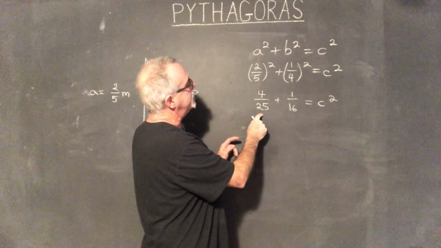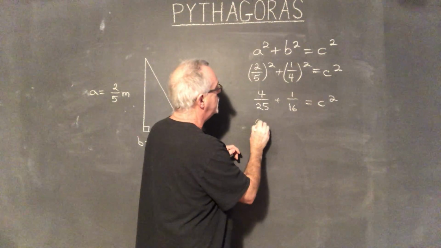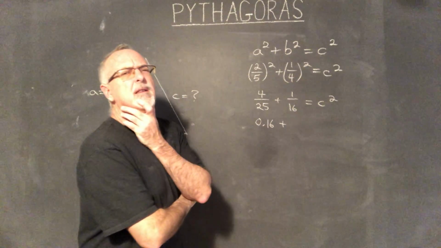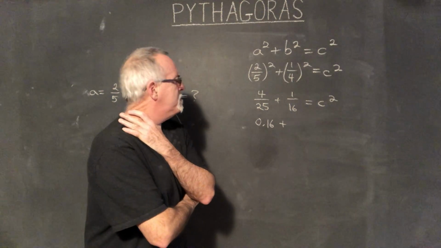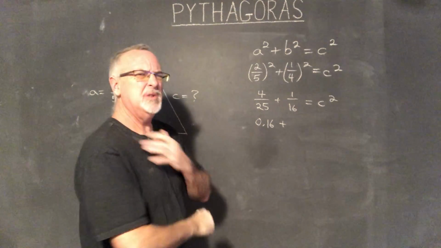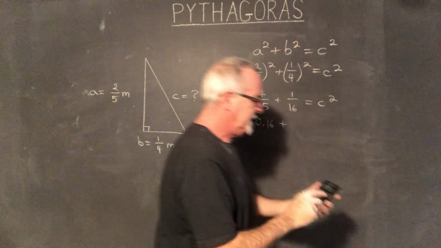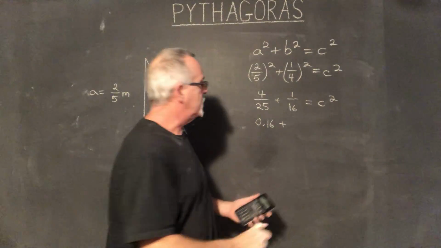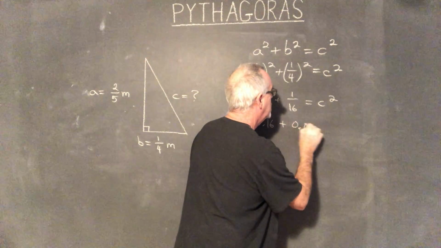So 4/25 is going to be 0.16. And 1/16, oh, I should know that. That is such a carpentry measurement. 0.0625? Is it? 1 divided by 16. Yes, 0.0625.